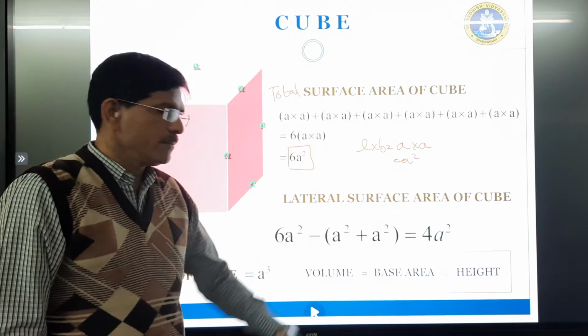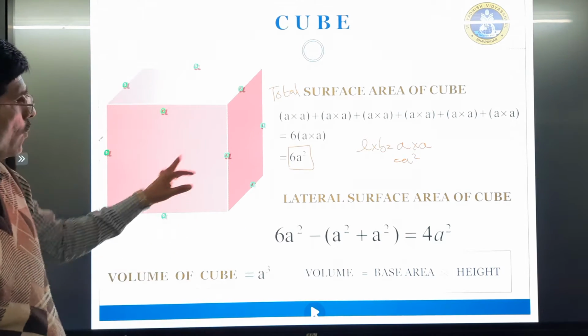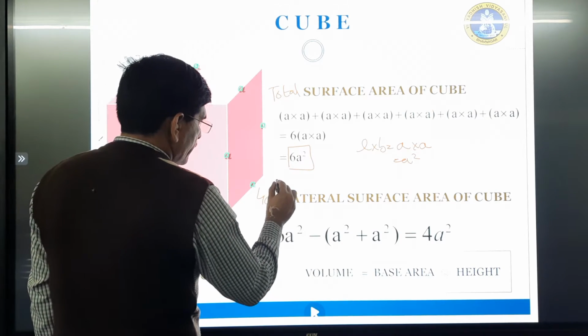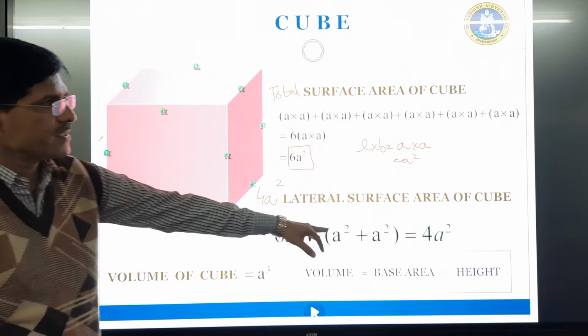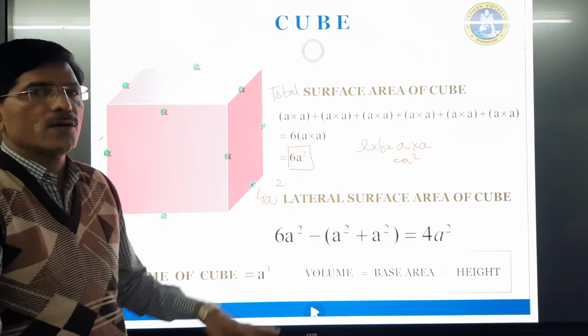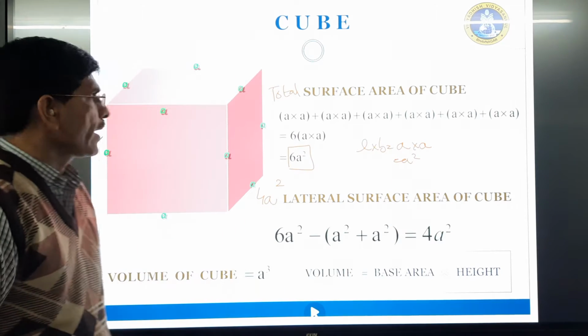Now lateral surface means only 4 sides, so 4A square. So the lateral surface area of a cube is 6A square minus the 2 sides, top and bottom, which we have to remove. That is 4A square.